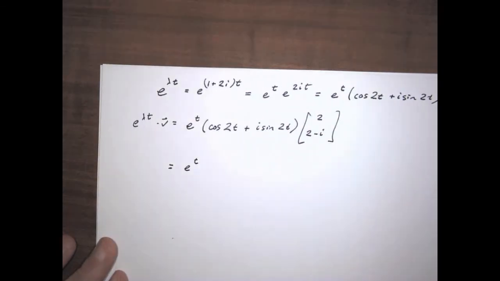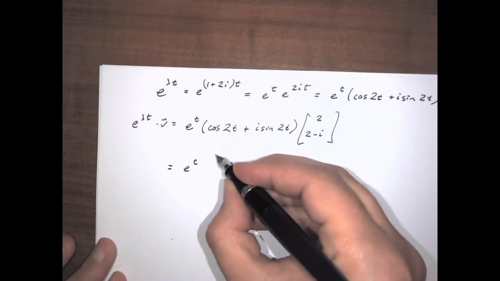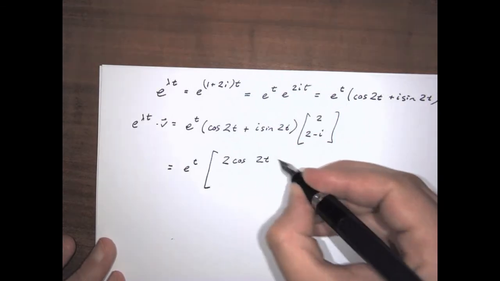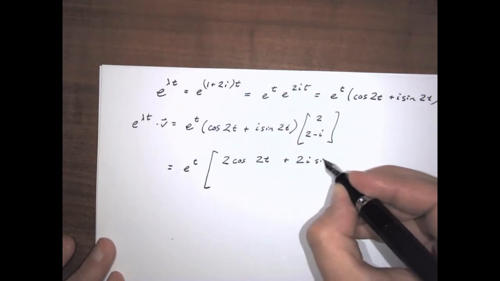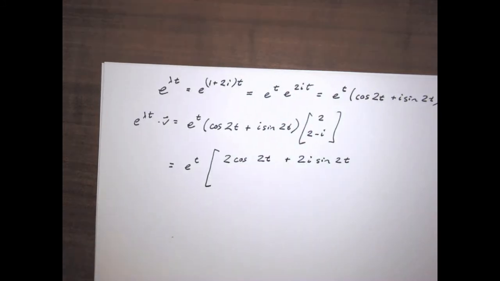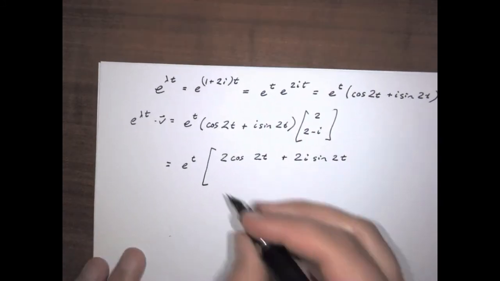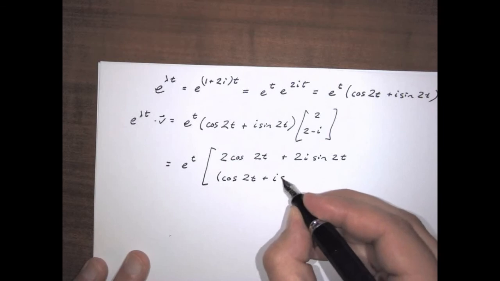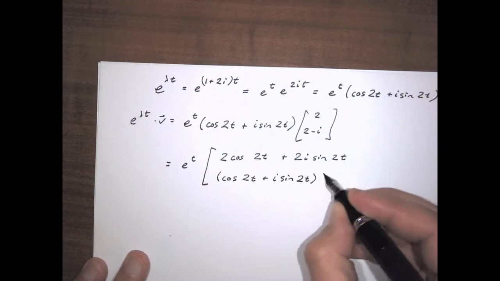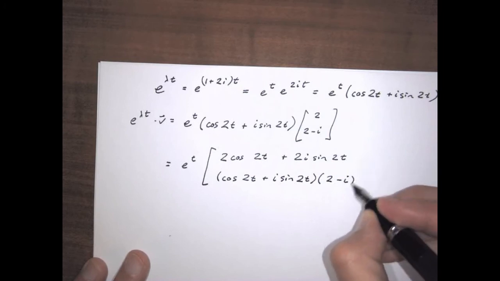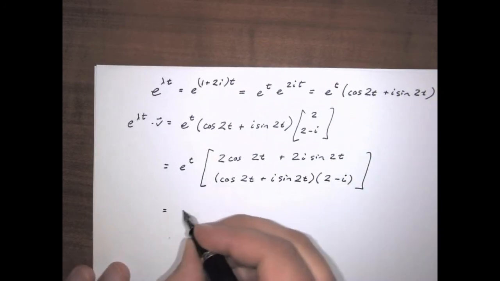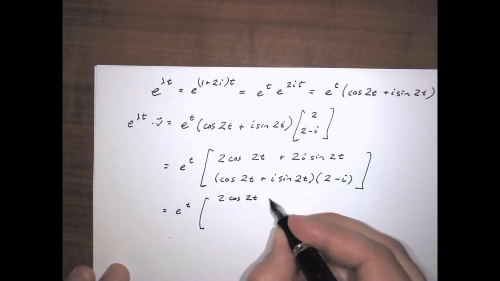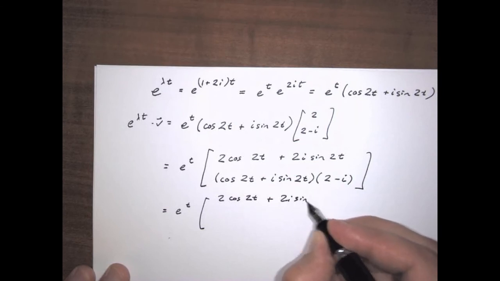So it's going to be e to the t times 2 cosine 2t plus 2i sine 2t. On the bottom, let's not be heroes here. (Cosine 2t plus i sine 2t) times (2 minus i).